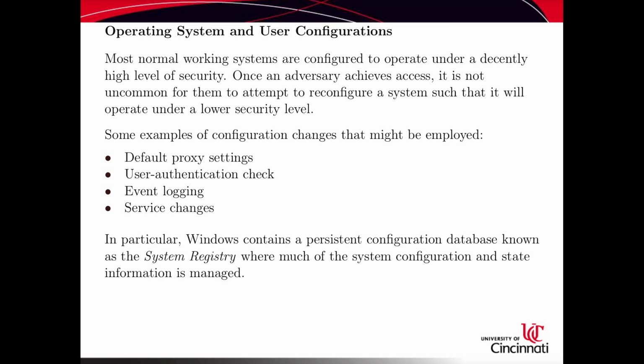Most of the time when an adversary gets some sort of access, it's not very uncommon for them to attempt to reconfigure a system so it'll operate at a reduced level of security. This allows them to bring in tools that have a lot more power and flexibility, and maybe are a lot more familiar for the adversary to use, but may have been tools that were either prevented or detectable with some of the heightened security the system came configured with out of the box.